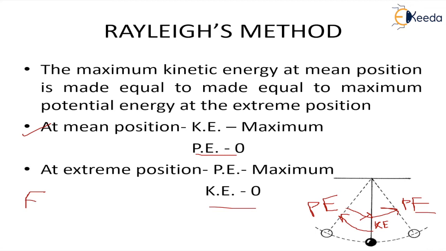So if E is the total energy in the system, and at the mean position and at the extreme positions it has only kinetic and potential energy respectively, that means this energy is equal to the maximum kinetic energy and also equal to the maximum potential energy. Of course, we are talking about the maximum values of these two. So the maximum kinetic energy at the mean position is equal to the maximum potential energy at the extreme position, which is equal to the total energy of the system.